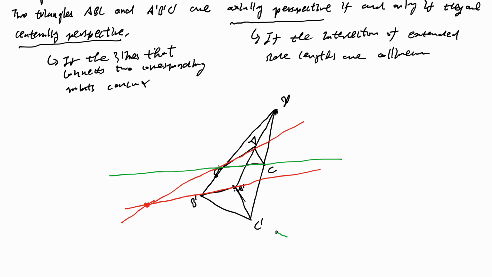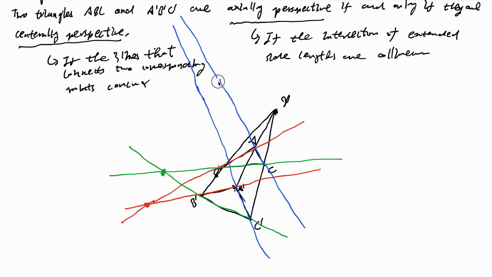No, that's not good. This point. And the last one, which is AC. My example was bad, but it's fine. This is not a great example. Okay, so let's assume that they meet at this point.